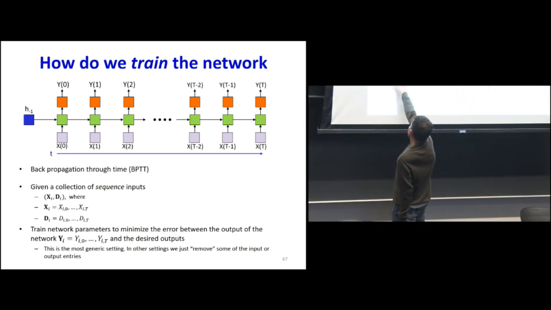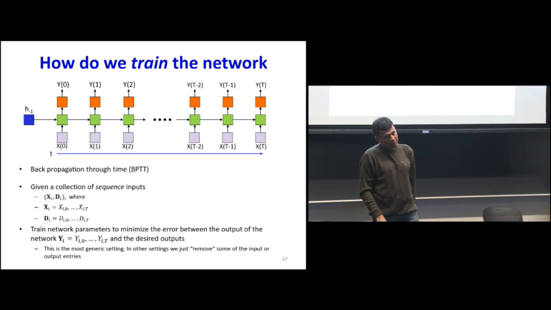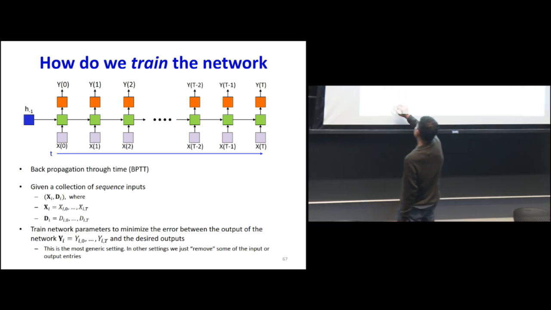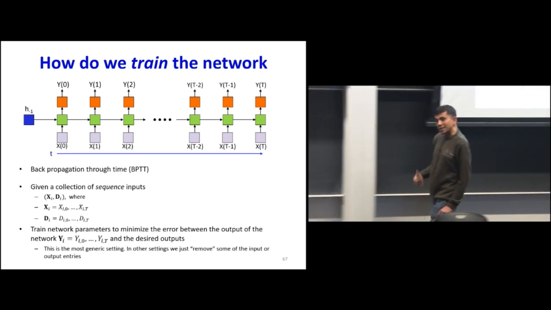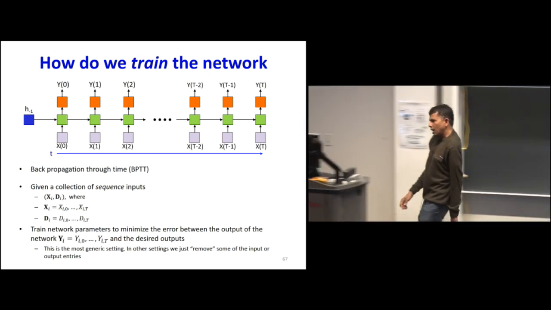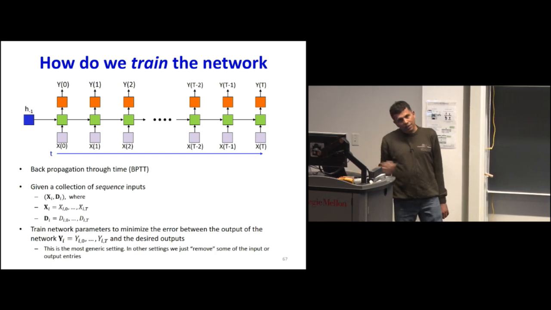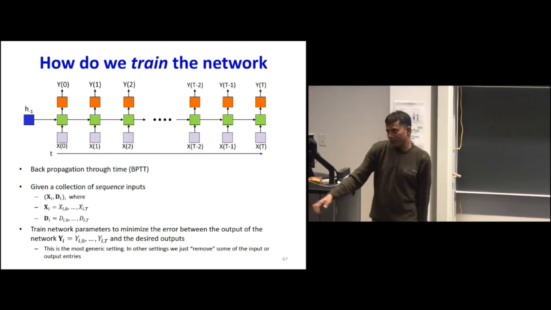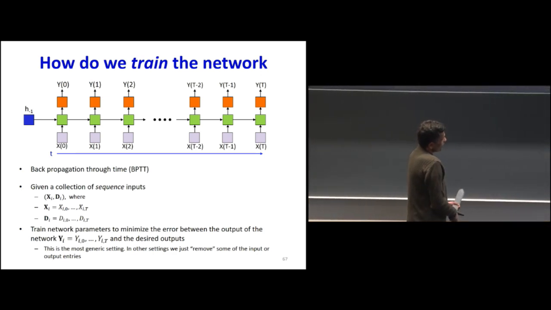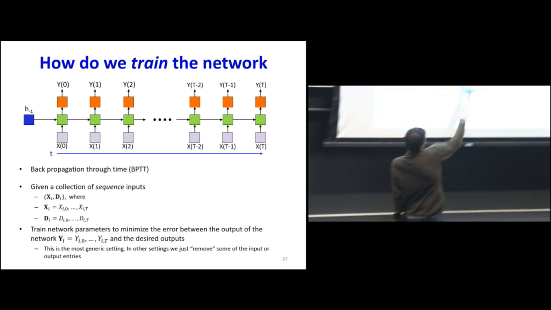The way we would do it, we have a collection of training instances where each training instance is actually a sequence comprising a sequence of inputs and a sequence of desired or target outputs. And for any current configuration of the network, we're going to have current output for the network.